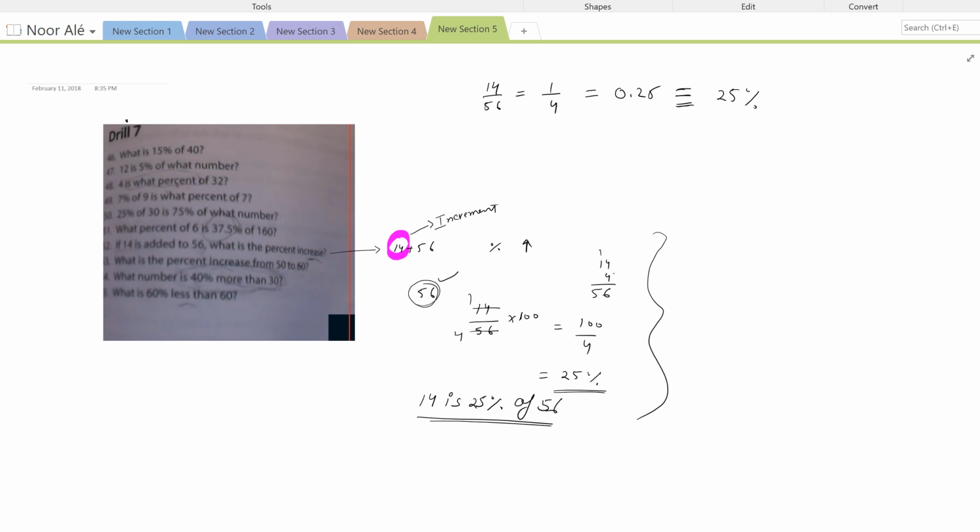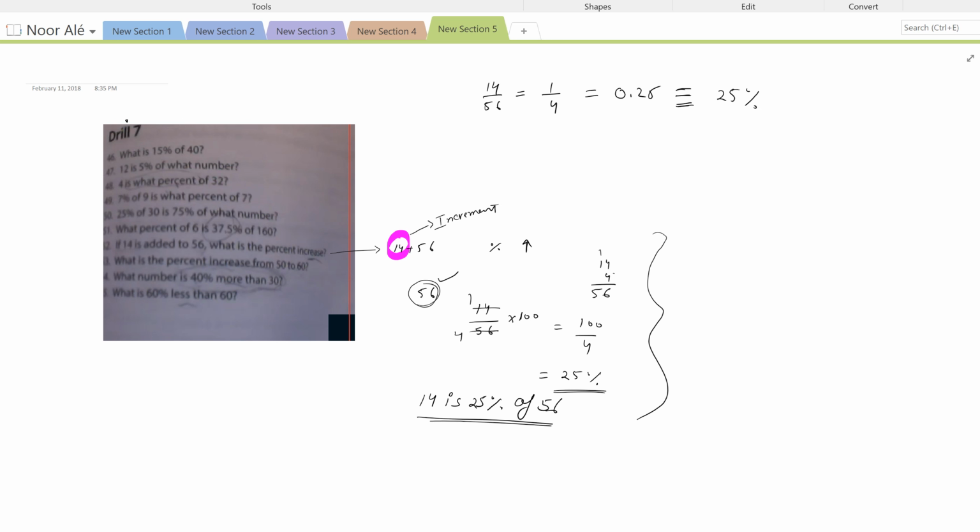For example, you have $56 saved, and your mom tops it up by $14. So that's adding up to your savings. So that increment ratio is 1/4. That means your account is going up by 25%.